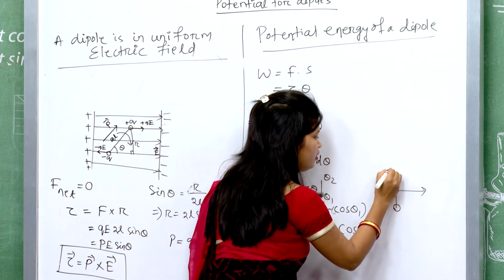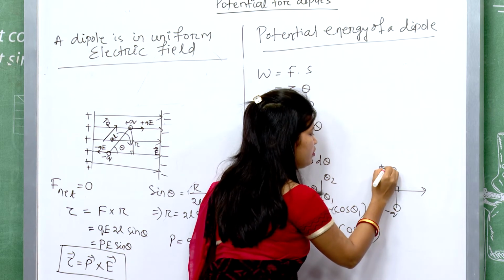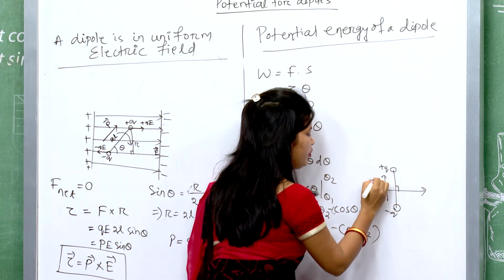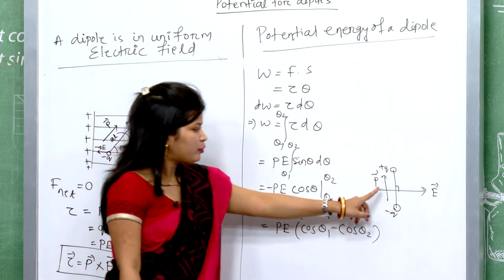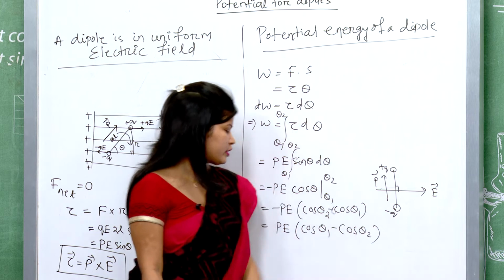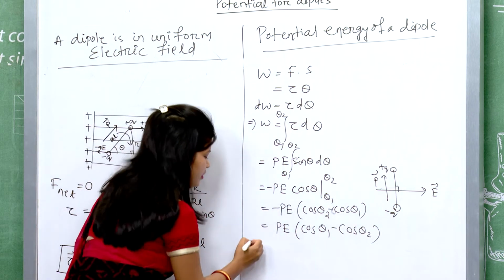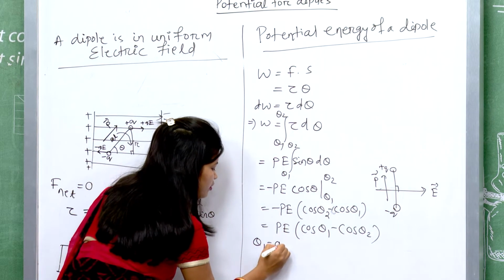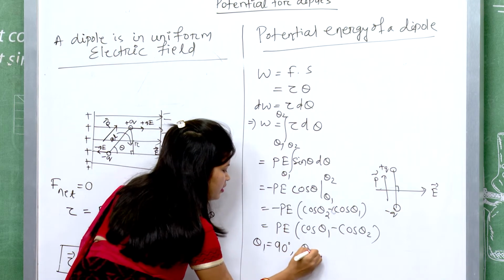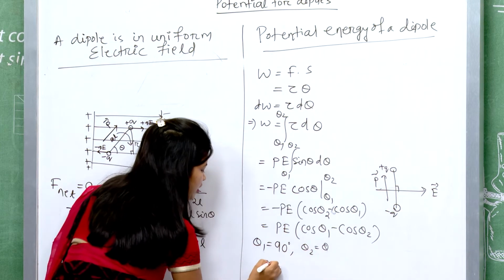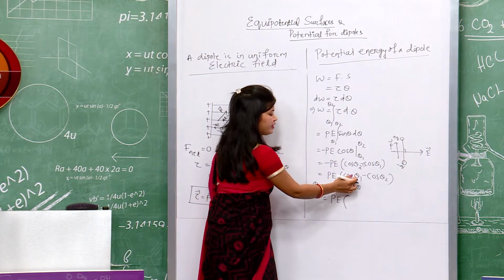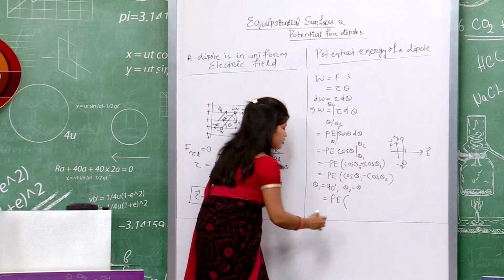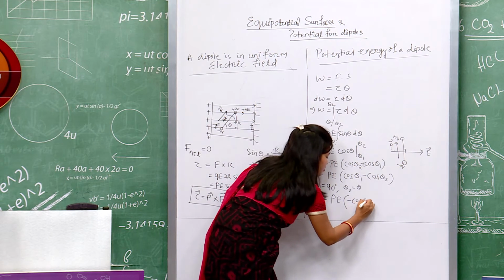So this is the dipole, minus q and plus q, here is the dipole moment, and this is the electric field. The dipole is placed at a right angle to the electric field, then theta 1 is equal to 90 degrees and theta 2 is theta. So I get PE whole into cos 90, which is 0, and minus cos theta.